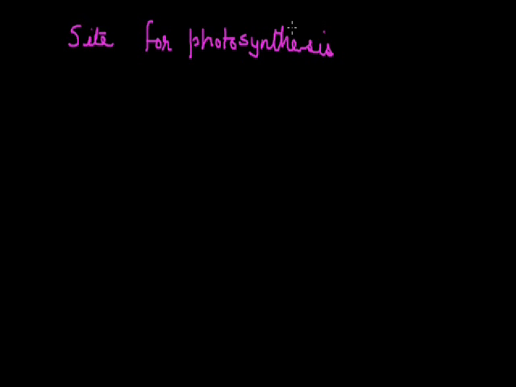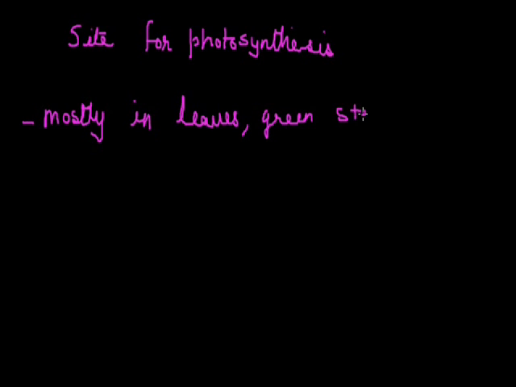Mostly it takes place in the leaves, green leaves, a small amount takes place in green stems and twigs. Some photosynthesis occurs in the aerial parts as well.